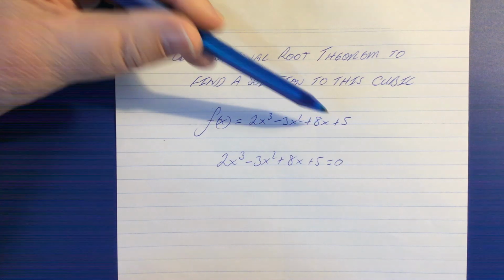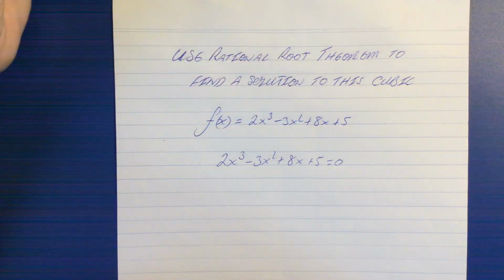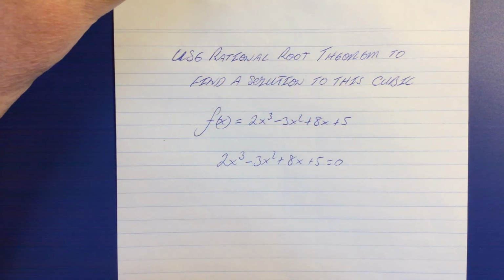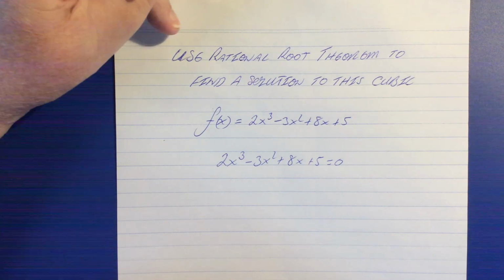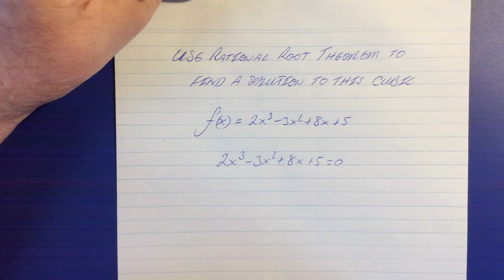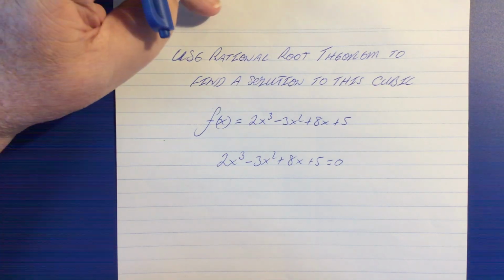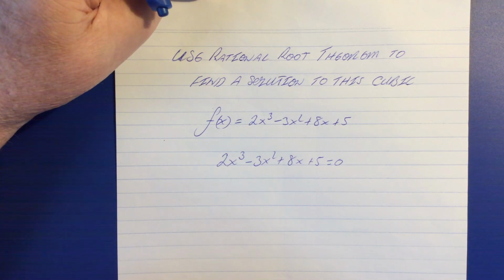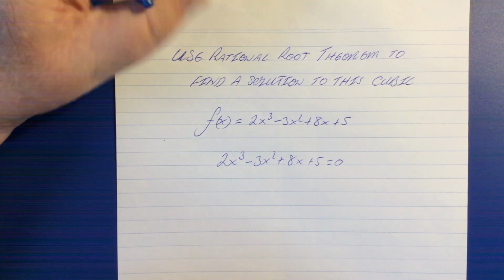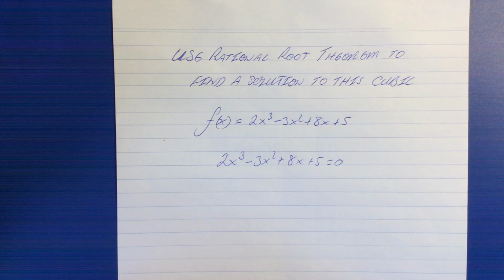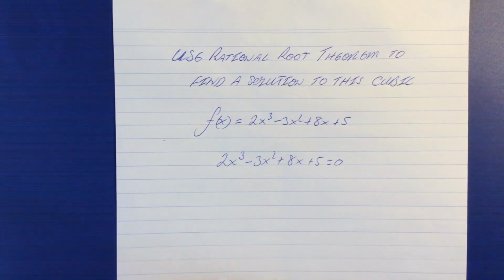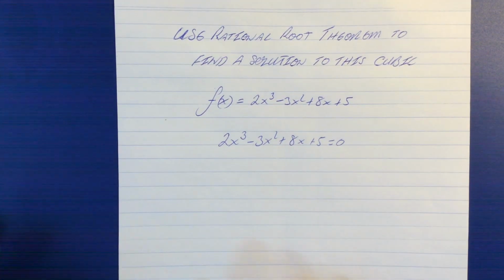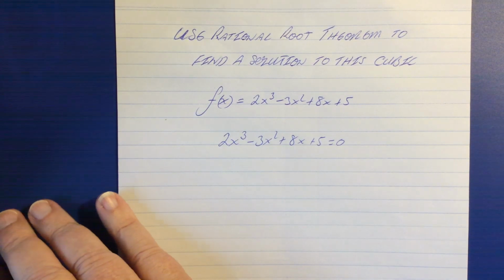Sometimes you can just look at the thing and go, oh, well, 1 will give me 0 and it's all over. The rational root theorem works really well when you've rejected a whole pile of others. So let's just see how we do with this.